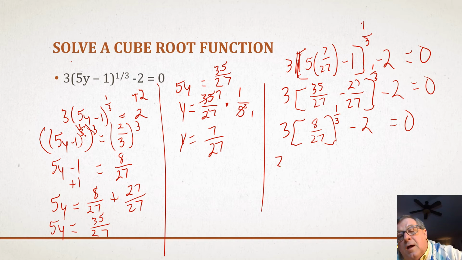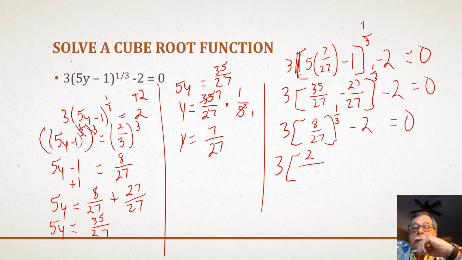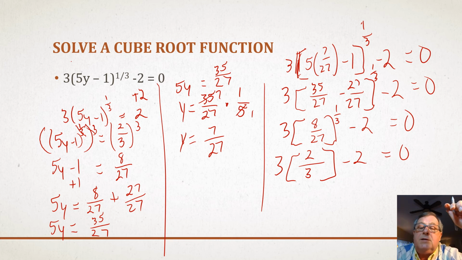All right, well, what's the cube root? Let's see, we got 3 times. What's the cube root of 8? 2 times 2 times 2 is 8, so the cube root of that is 2. What's the cube root of 27? Well, 3 times 3 times 3 is 27, so the cube root of that is 3, minus 2 equals 0. And what is 3 times 2/3?